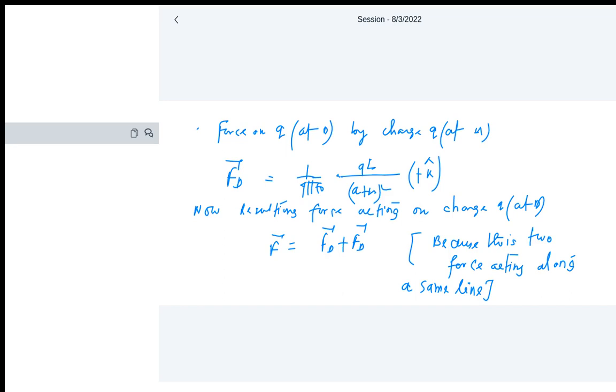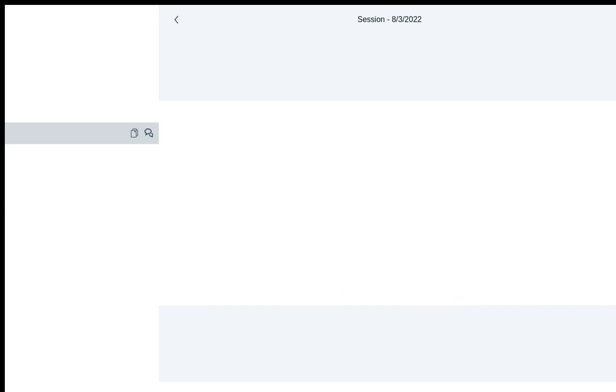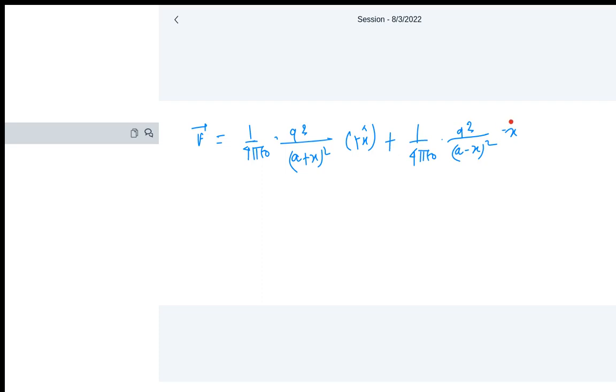So the overall net force acting on this charge is equal to minus 1 upon 4 pi epsilon naught Q square upon (a plus x) whole square x cap, plus 1 upon 4 pi epsilon naught Q square upon (a minus x) whole square x cap.